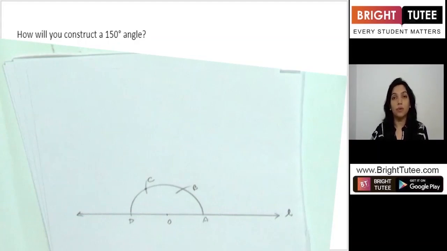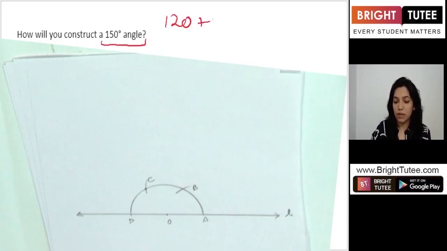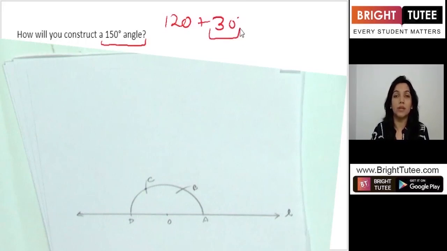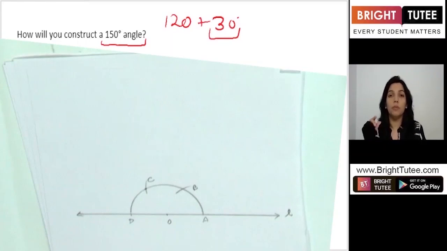Now, what we need to do is draw a 150 degrees angle, that is 120 plus 30 degrees we need. So we are going to bisect 120 and 180 degrees in here. Okay. So now what you need to do is open the compass with a measure which is greater than half of CD.